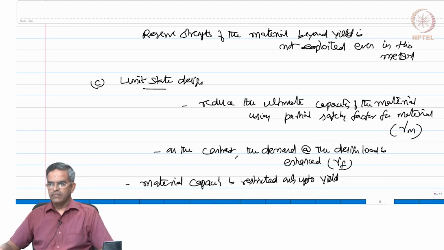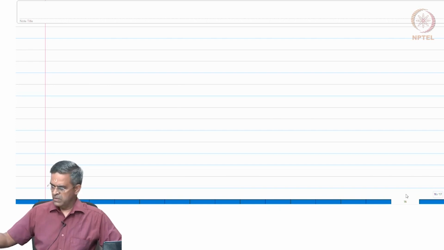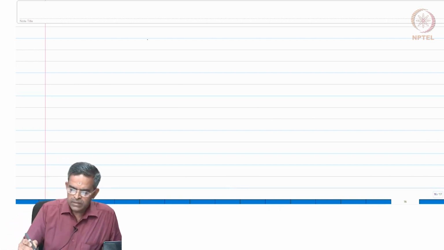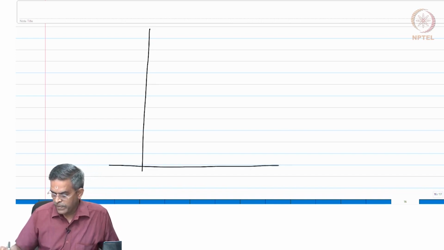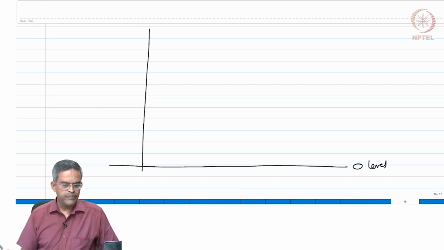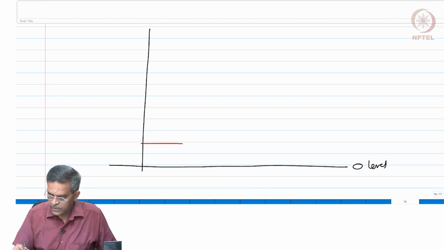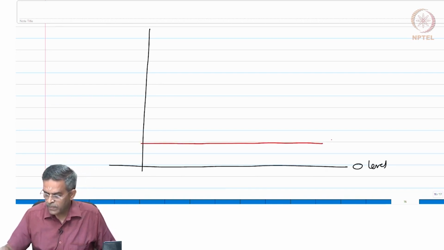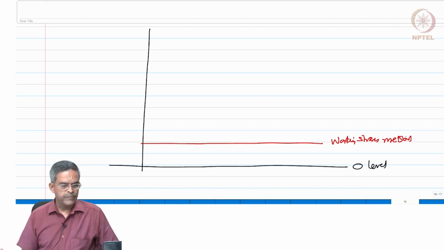as in other methods. Therefore, let us quickly see this as a good graphical comparison on the screen. We will say that this is my 0 level and this is my working stress method. Okay.